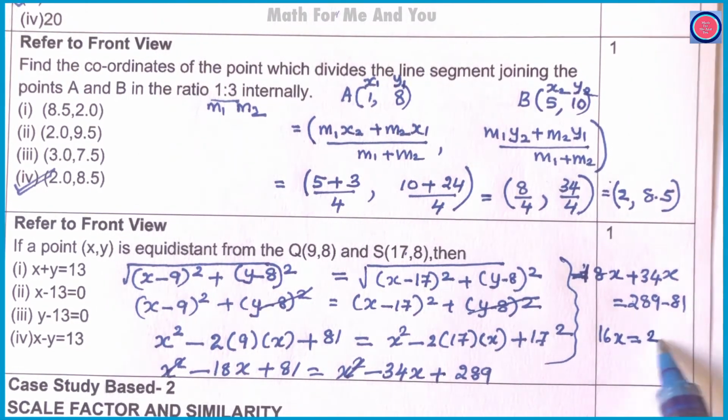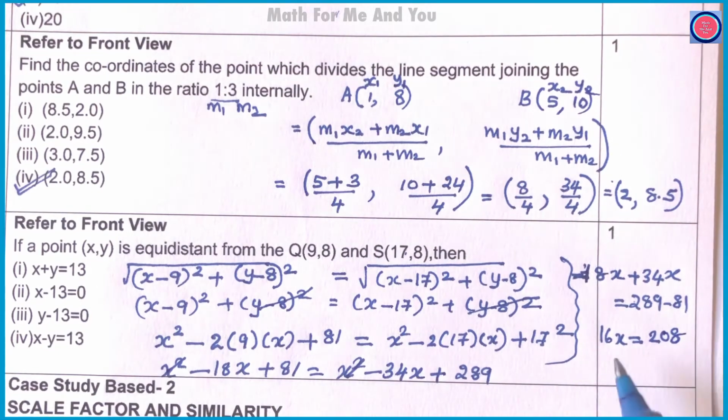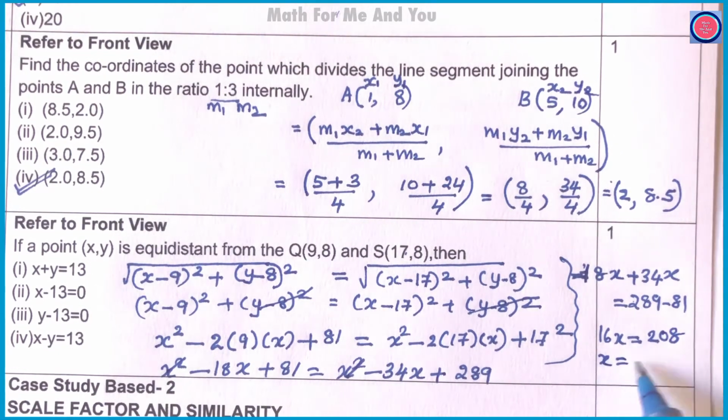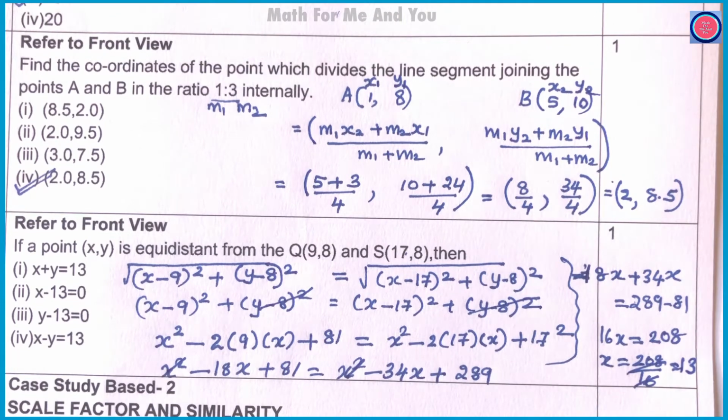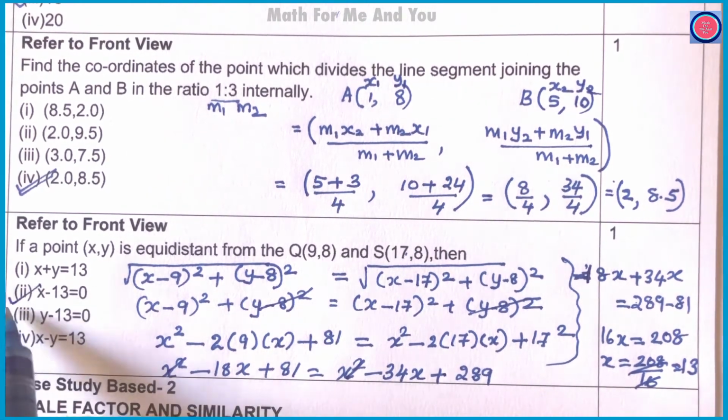What about x? x is equal to 208 divided by 16. We can cancel, we get 13. So what is x? X equals 13. Move 13 to the left side. What we get? X minus 13 is equal to 0. Which option? Option number 2. That is the correct answer.